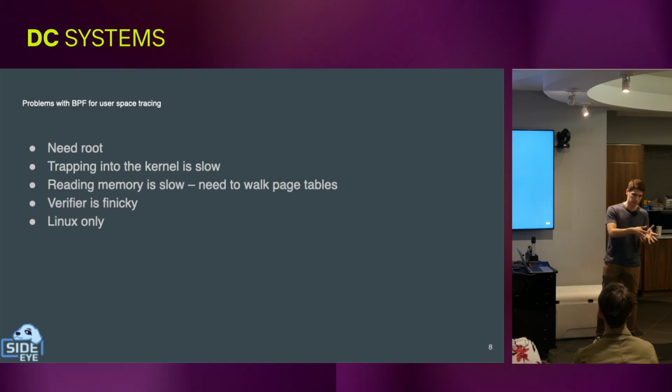If you're inside an eBPF program and you want to read memory out of the memory space of the program that you're attached to, you again have to go through the kernel. You do this through a kernel helper, which actually walks the page tables of the process to verify that the address that you're trying to dereference is a valid virtual memory address for that target process. So this is very different from how native memory access works, which is optimistic, right?